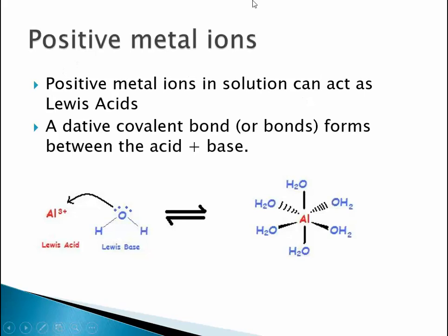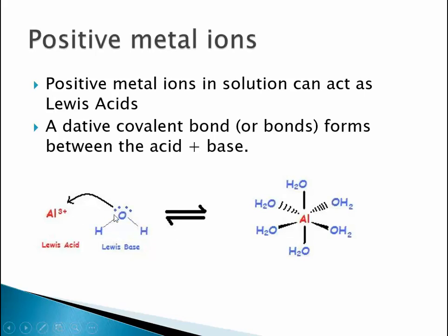Another common thing that can act as a Lewis acid is positive metal ions, like Al3+, or really pretty much any positive metal ion in solution. What can and does happen is a water molecule can come along, which has a lone pair. It can donate a pair of electrons and form a dative covalent bond.